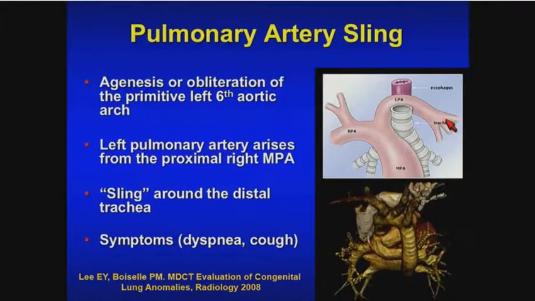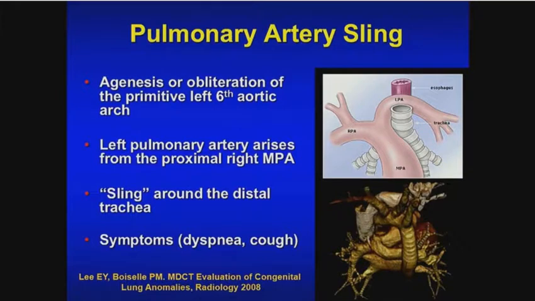In this condition, it's due to underlying congenital agenesis, so obliteration, of the primitive left sixth aortic arch. As you can see, the left pulmonary artery arises from the proximal right main pulmonary artery, and when it does, it slings around and goes between the trachea and esophagus.